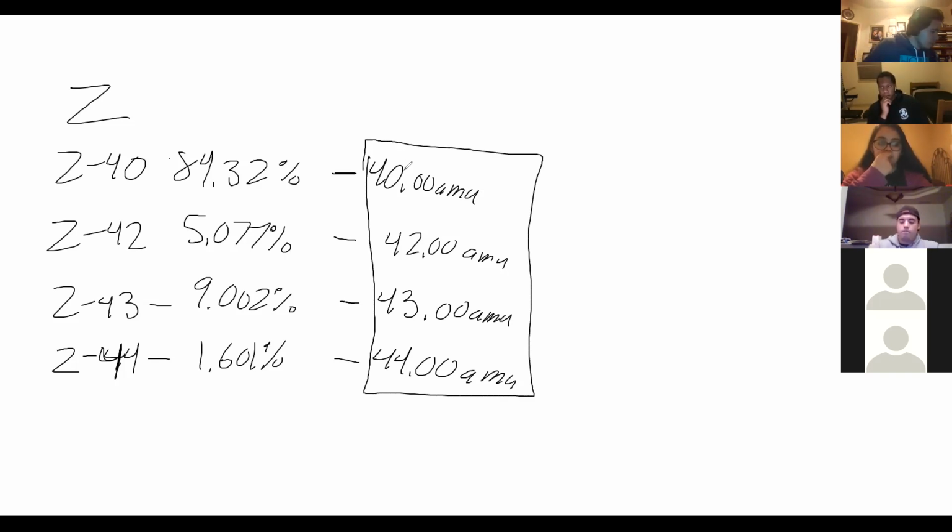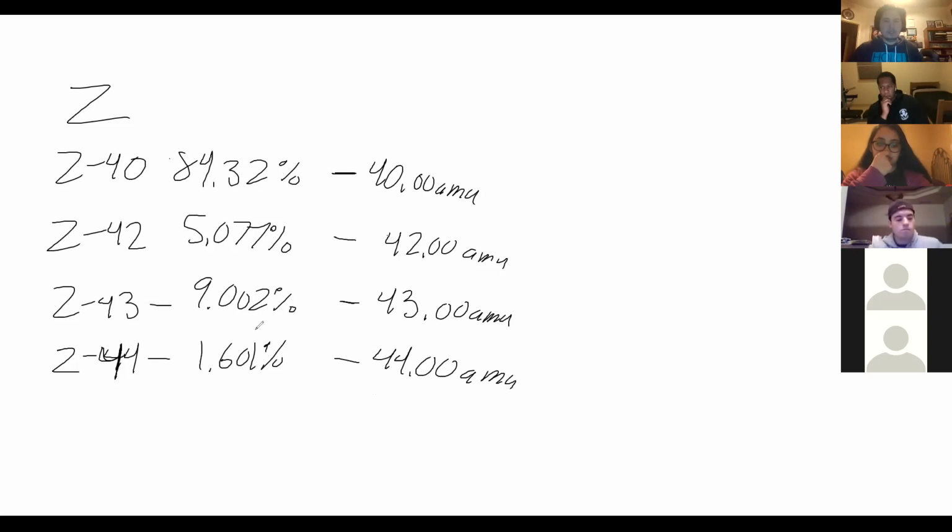So what you would do is focus on your percentages. You would move your decimal 2 times to the left. Consider your percentages as a decimal multiplied by 100, so we want to divide by 100.